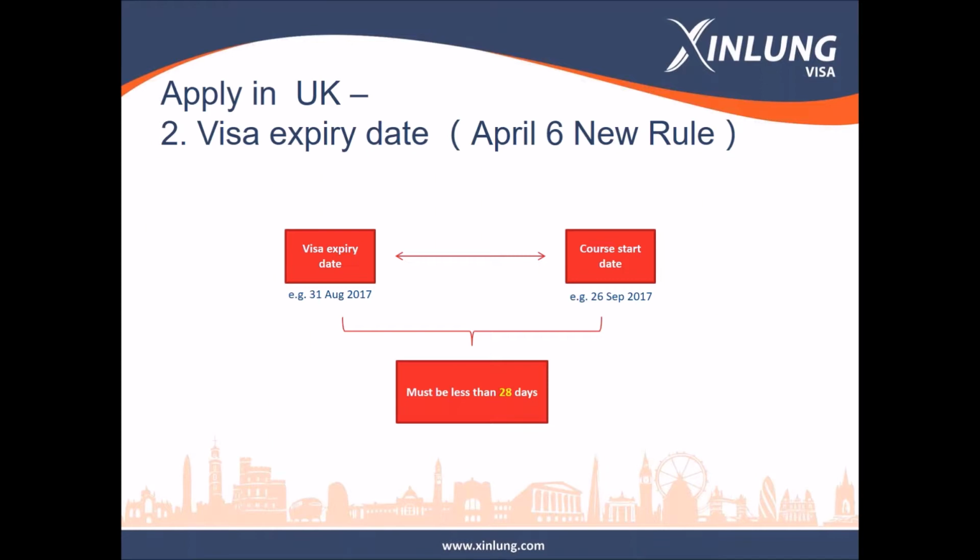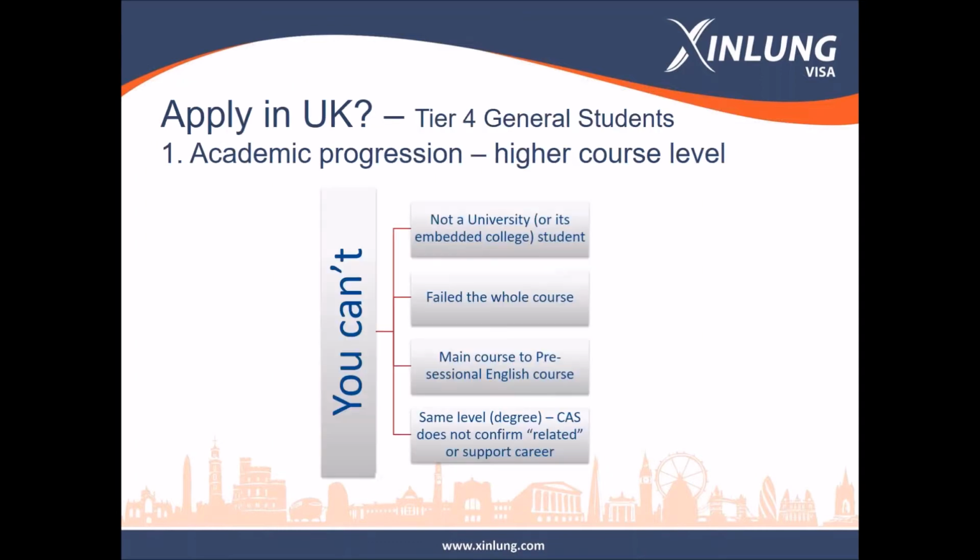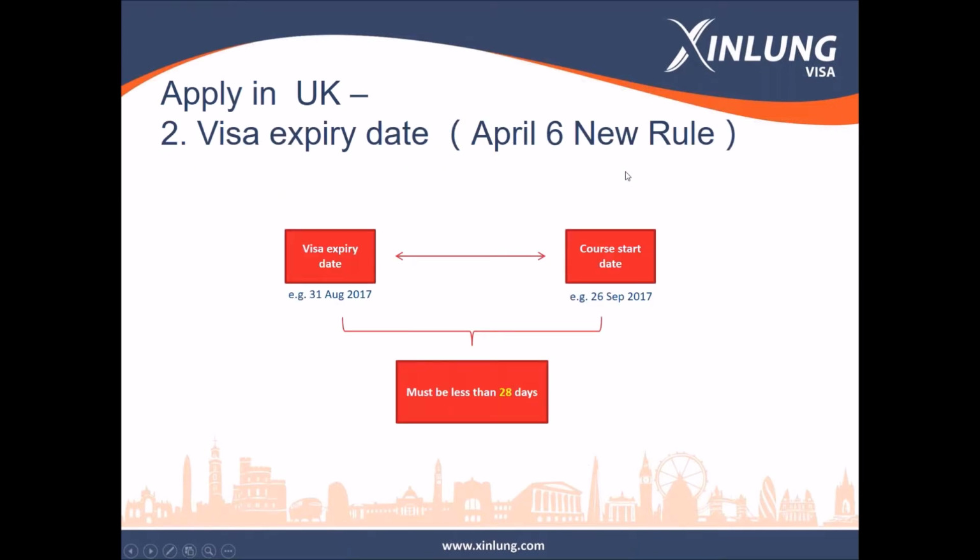So basically, if we want to extend our current Tier 4 student visa in the UK, we must meet two rules. First of all, we have to meet the academic progression rule. Second of all, our visa expiry date and the course start date have to be within 28 days.